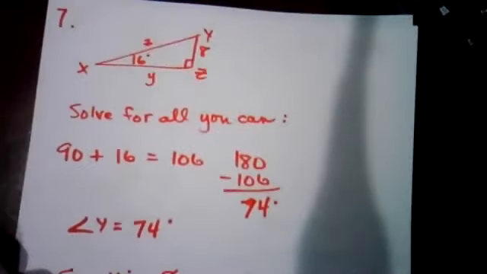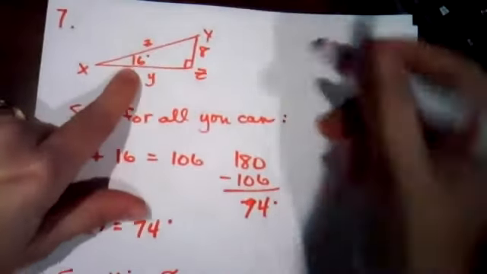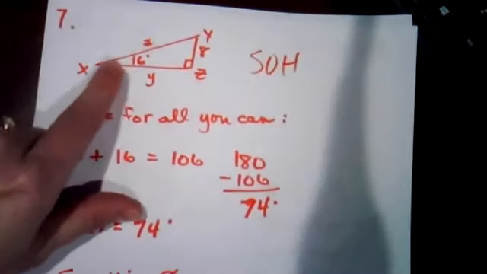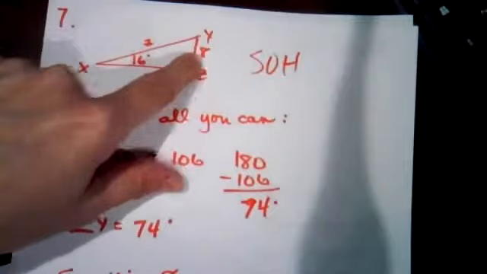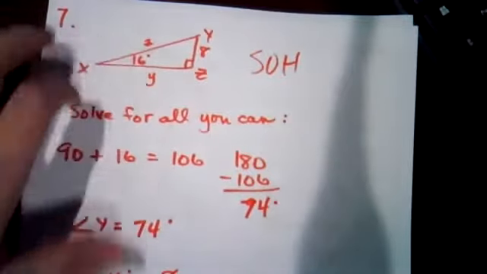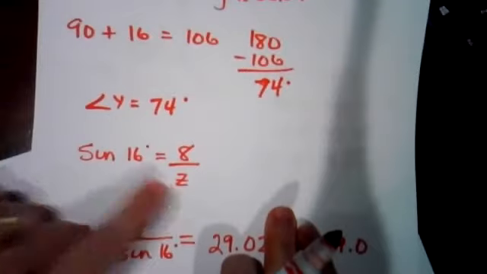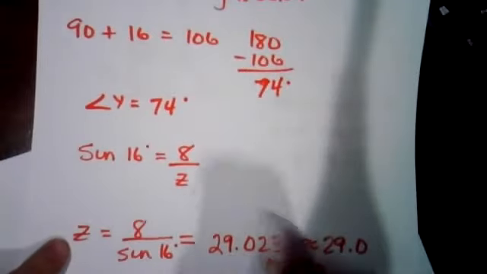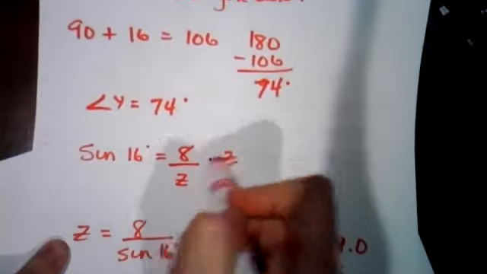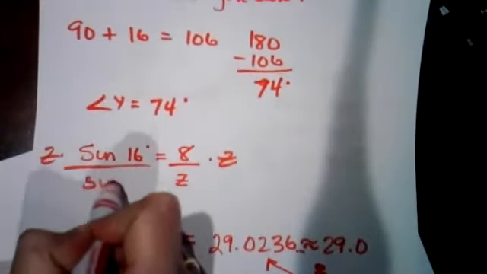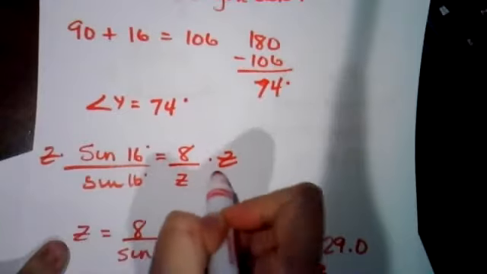So the sine of 16, which remember, sine is opposite, which is 8, over hypotenuse, which was z. So that put the z on the bottom. Okay. And then when I go ahead and do my algebra, all I did was bring it down.